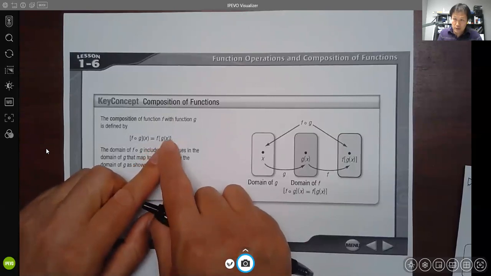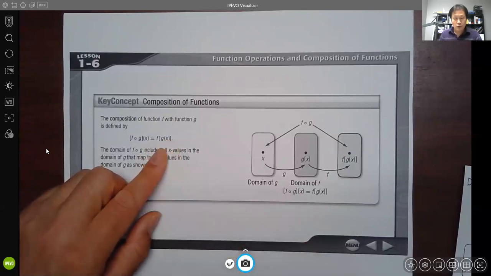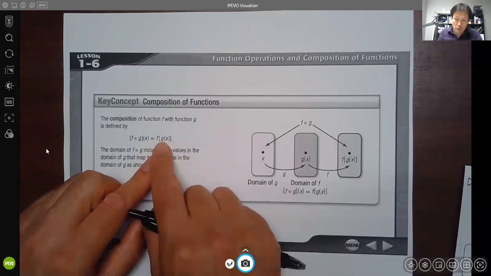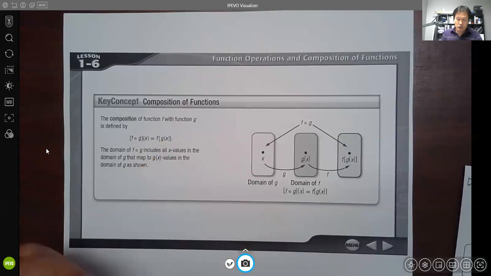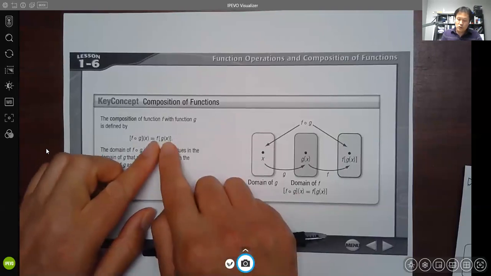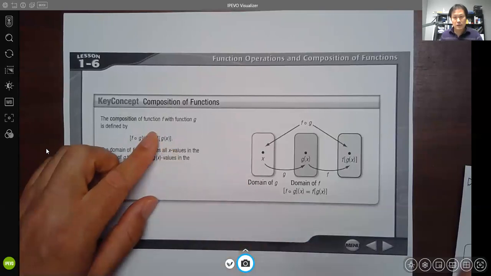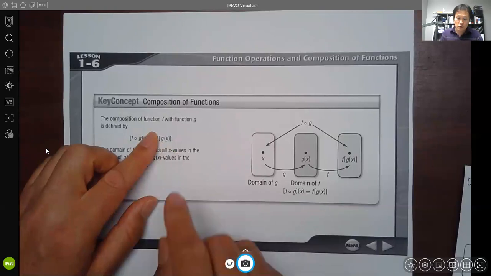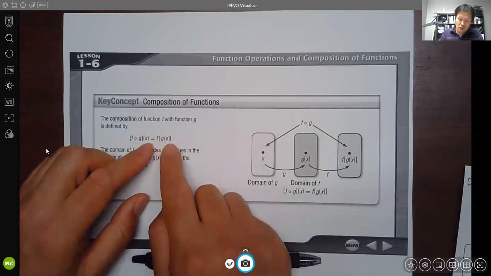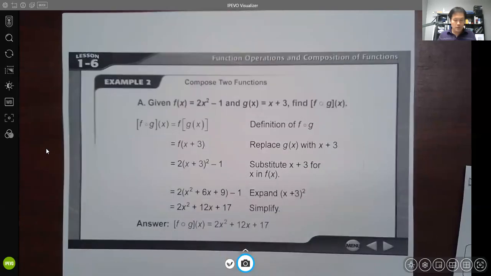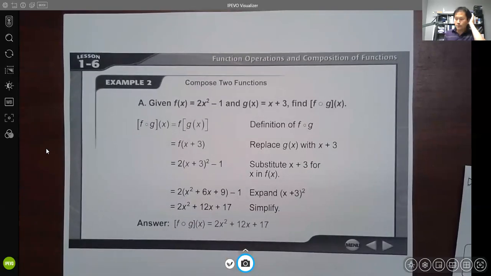But among those x values, g of x should satisfy the domain of f. So you have to consider two tiers. X should satisfy the domain of g, but not all those x you can take. Out of all those x's, you have to consider that g of x should satisfy the domain of f. Okay, I will probably explain that to you over examples.